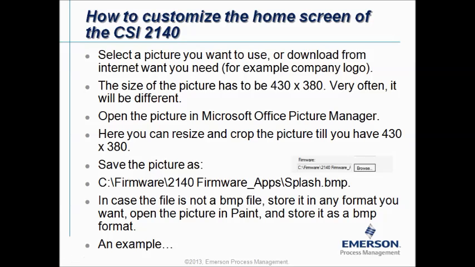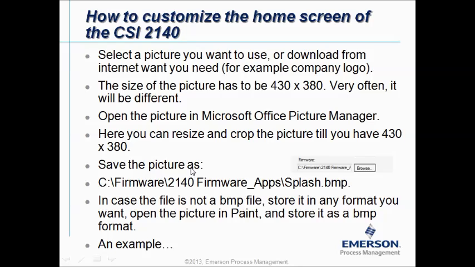Then select the picture you want to use or download from the internet what you need, for example a company logo. The size of the picture has to be 430 by 380. Very often it will be different. So then open the picture in Microsoft Office Picture Manager, and here you can resize and crop the picture until you have 430 by 380.